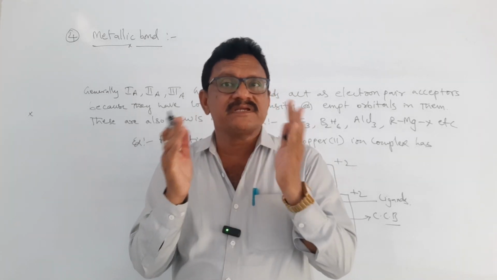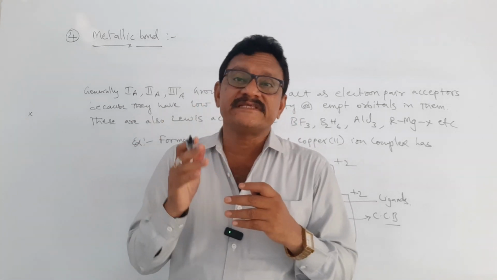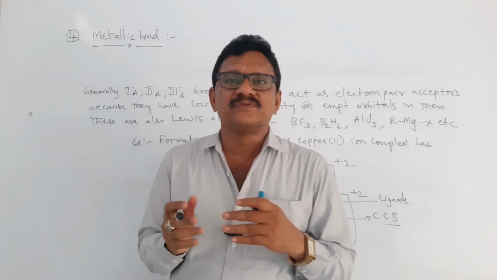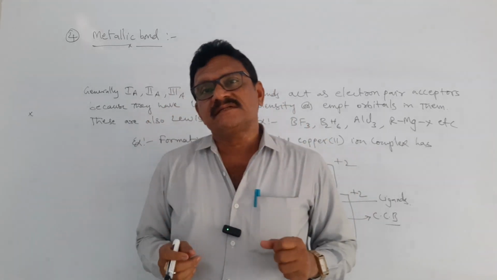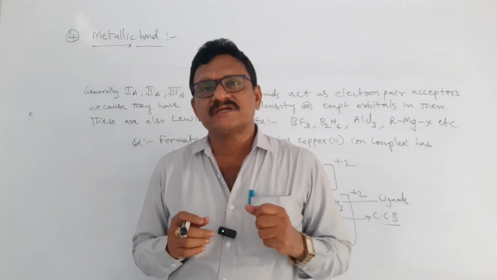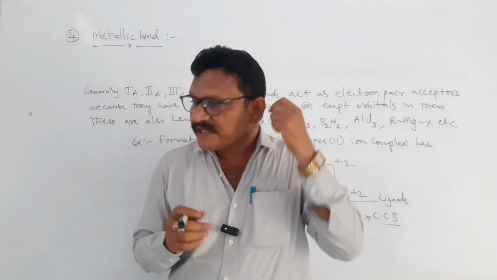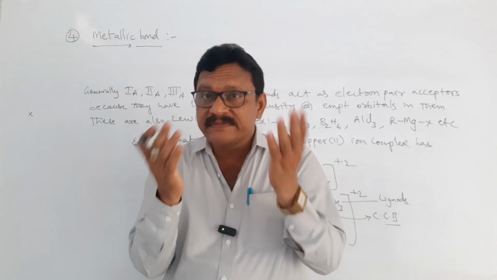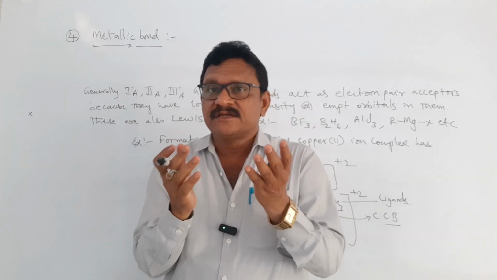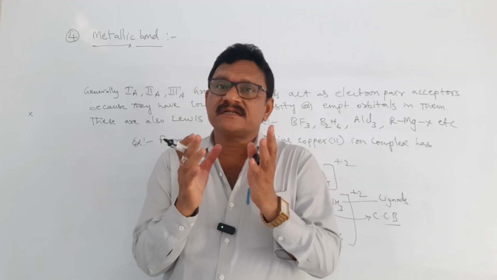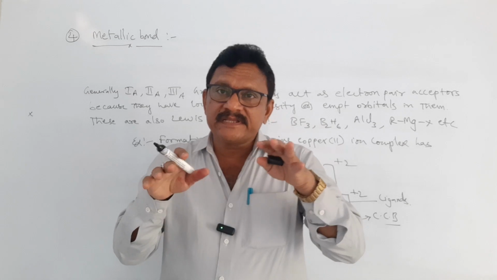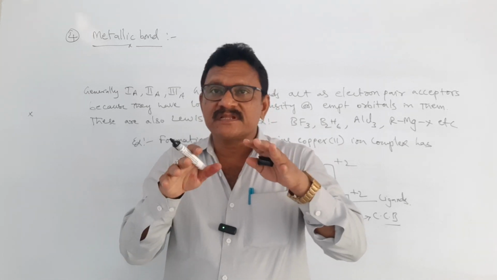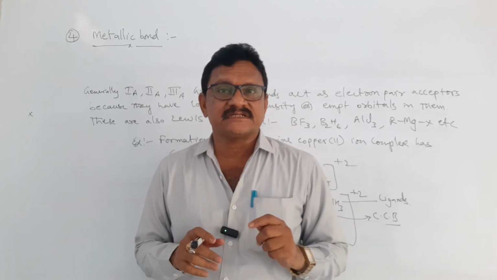As per the electron sea theory, or electron pool theory, the resulting cations in the metallic cluster are called kernels. And the emitted electrons are called mobile electrons. They move freely from one place to another within the crystal.